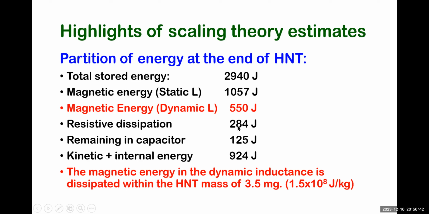Resistive dissipation is 284 joules. That remaining in the capacitor is 125 joules. The kinetic plus internal energy is 924 joules. The magnetic energy in the dynamic inductance is ultimately dissipated within the HNT mass of 3.5 milligrams, which is about 150 megajoules per kilogram.